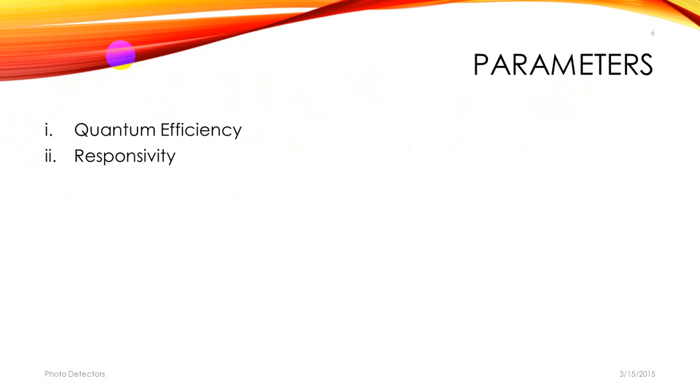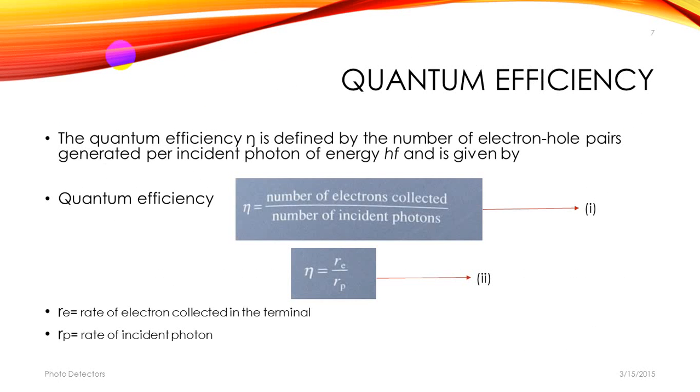Now move to the parameters of optical detectors. There are two parameters: quantum efficiency and responsivity. Now let's begin with quantum efficiency. The quantum efficiency is denoted as eta, and is defined as the fraction of incident photons which are absorbed by the photodetector and generate electrons which are collected at the detector terminals.